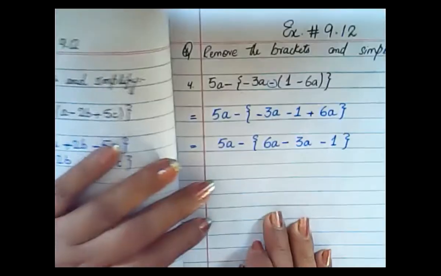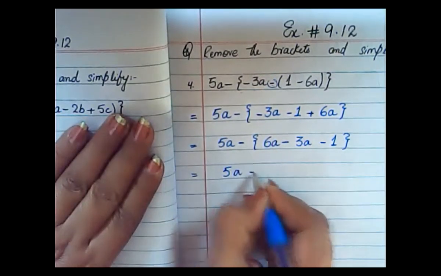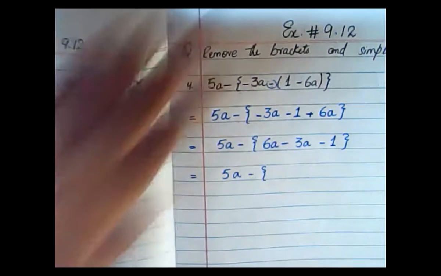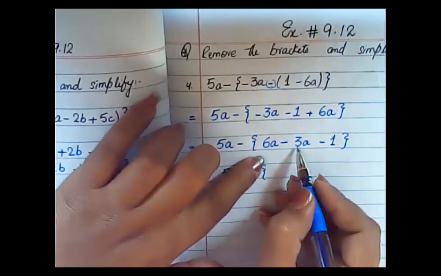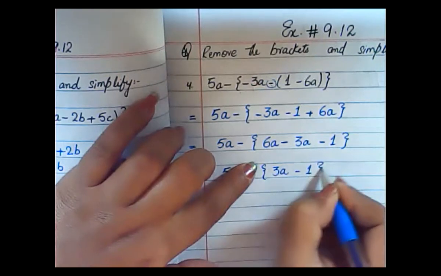Now we solve it in the next step: 5a minus, now 6a minus 3a, what will be the answer? 3a minus 1 and the curly bracket.